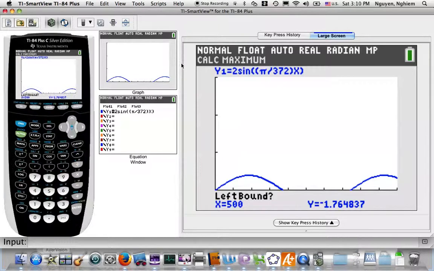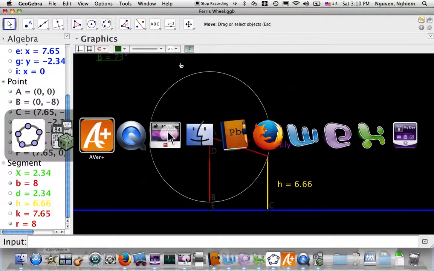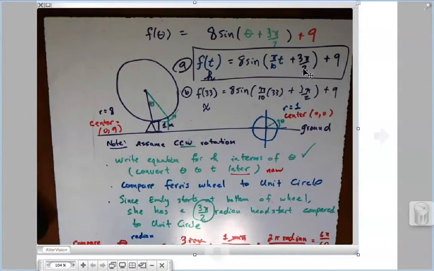So I have my calculator up here, and I am going to graph this equation right here: 8 sine of pi over 10 t plus 3/2 pi, plus 9.